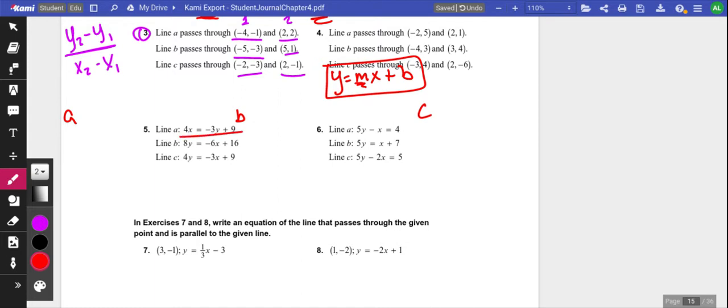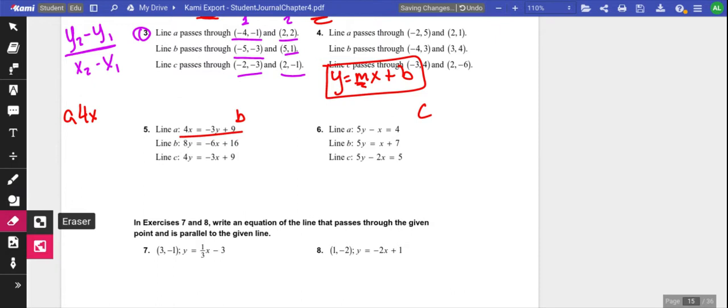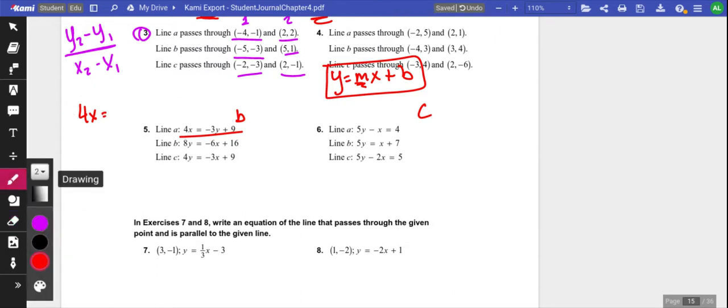So line A, I have 4x. Here, I'm going to move that A so it's not in the way. 4x is equal to negative 3y plus 9. Okay, my goal is to get just y on one side of my equation. So let's move this 9 over.